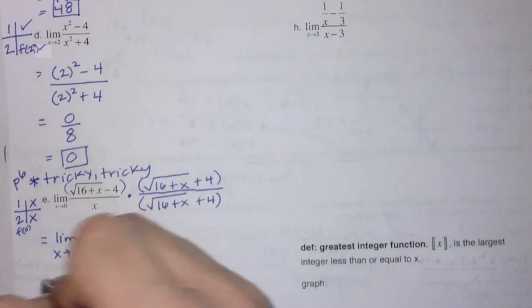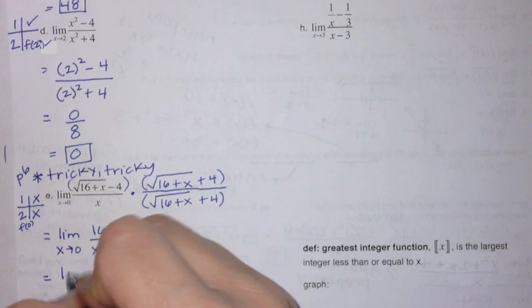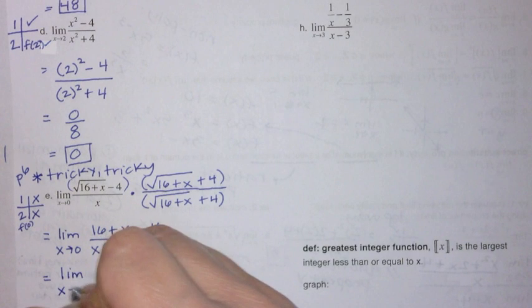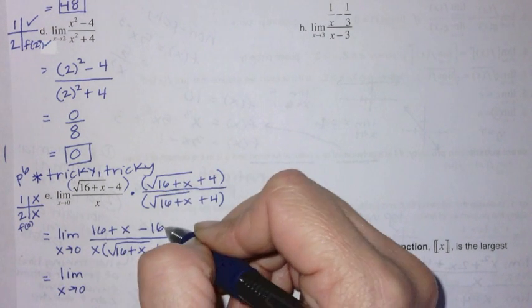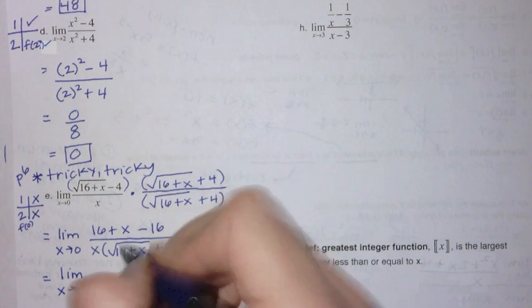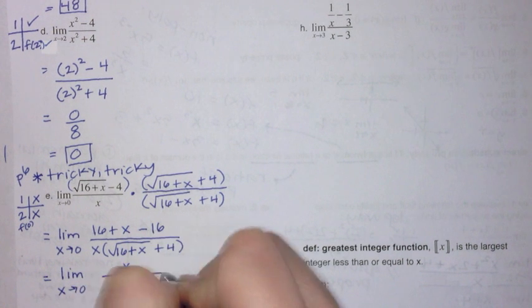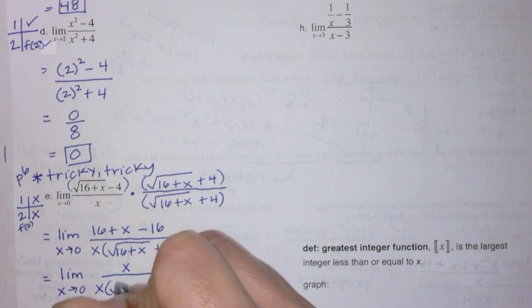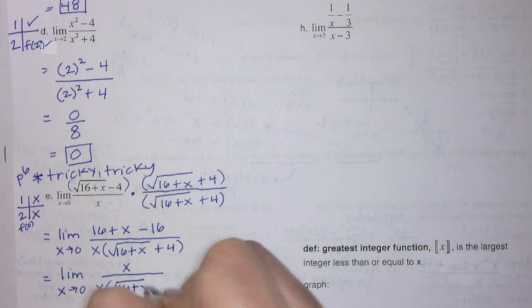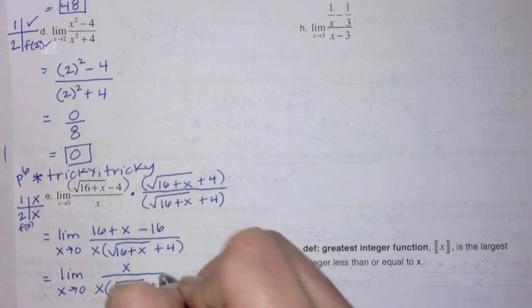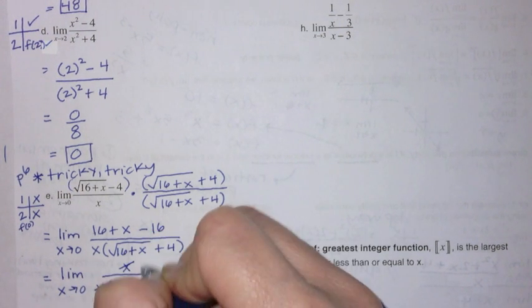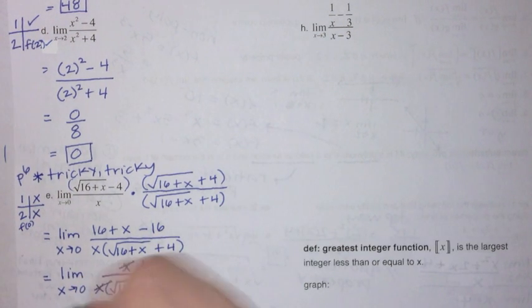Why would you leave it in factored form? This is because 16 minus 16 is x all over x times square root 16 plus x plus 4. The x's will cancel and I'll have a 1 left in the numerator.